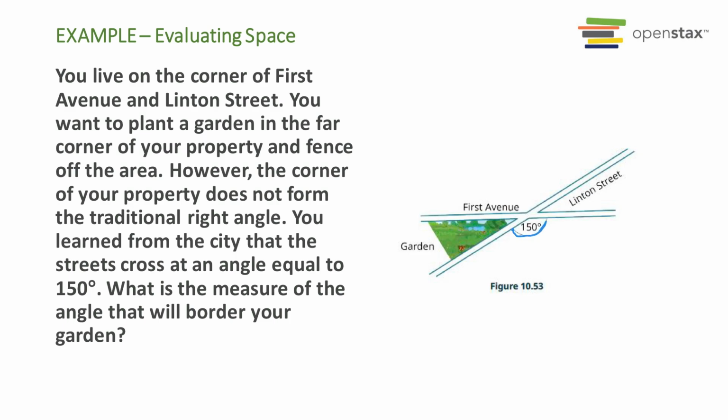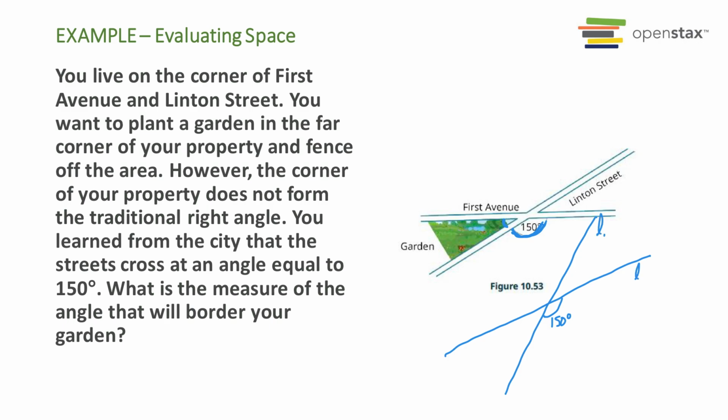So here is 150 degrees, right? So we're trying to figure out what's the angle right here between First Avenue and Linton Street. Okay, well, if we were to get rid of all the nice picture here, then really what we have is intersecting lines, right?